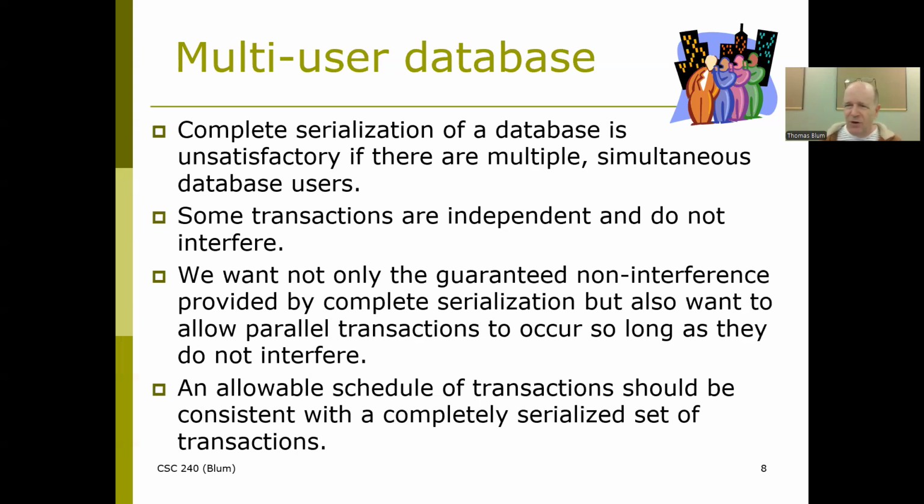If we're not dealing with the same data, then there won't be interference. There are times when you're just reading data, that's not a problem. There are times when you're updating, changing some data, but if it's completely different data, it's not going to interfere. So that's what we want to be able to separate. When are transactions independent, so that it doesn't matter whether we serialize them or not?